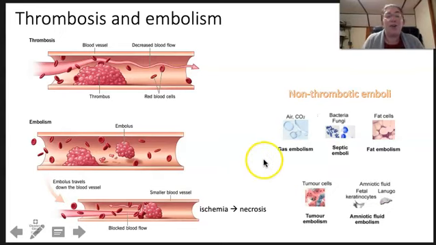So there are other causes of blockages. There are other materials that can cause blockages in our blood vessels. So fat, a piece of a fatty plaque, could break off. But a more common cause of fat embolism is when a bone fractures. The bone marrow is very fatty.